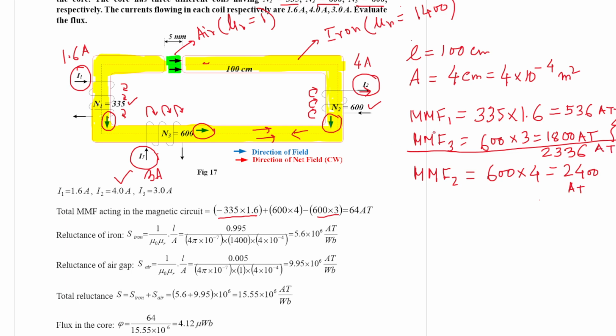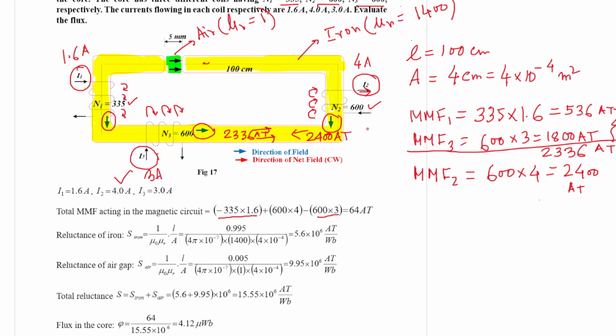So MMF 1 and MMF 3 altogether gives you 2336. So in this direction it is 2336 ampere turn. However, due to the magnetic field created by current I2, it is 2400.